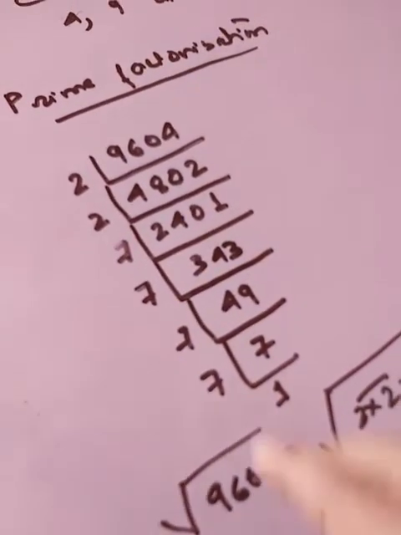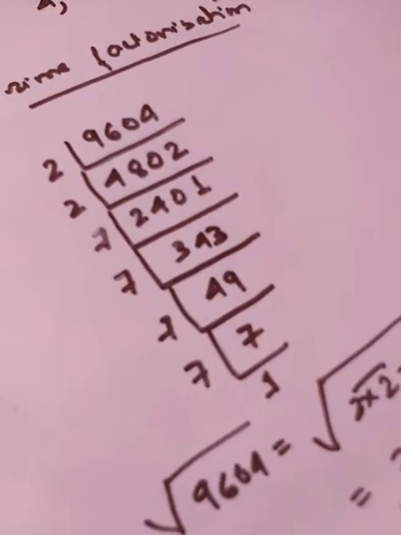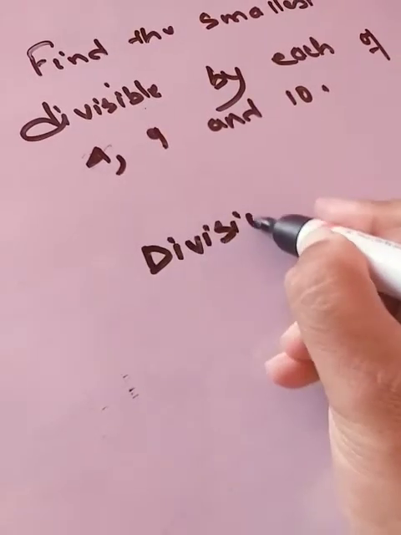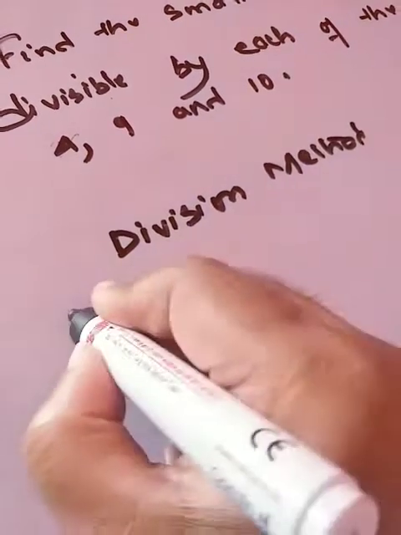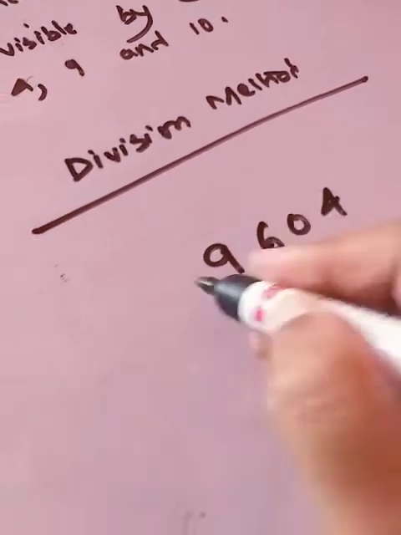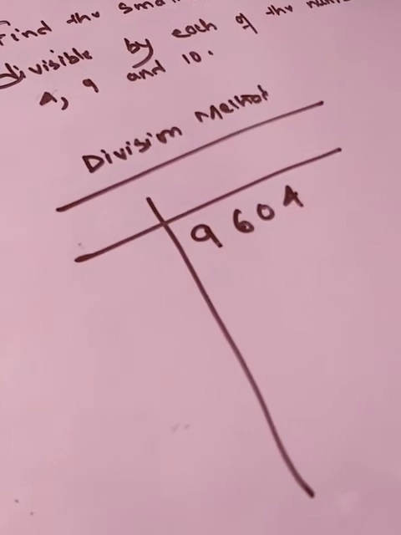Let's see how to do the division method for the same number. For the division method, you have to make this table.